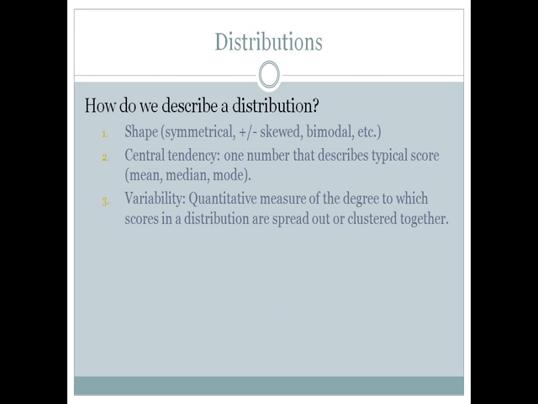We can also talk about the variability of a distribution. Variability is the degree to which scores in a distribution are spread out or clustered together. So this is how we can describe distributions generally.